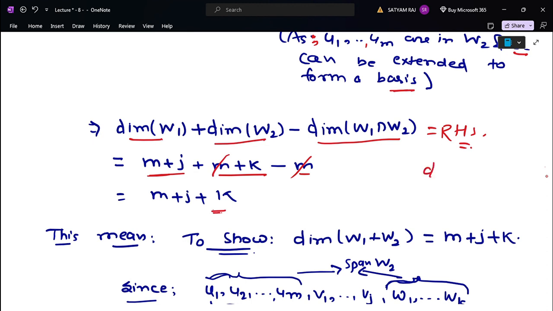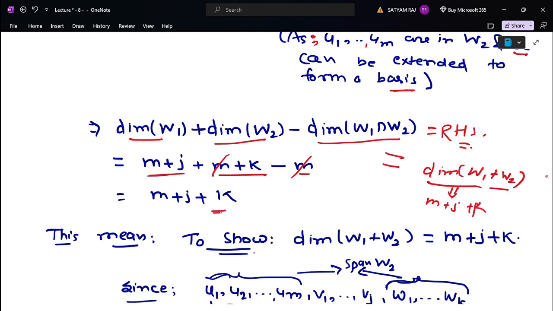And the LHS was dimension of W1 plus W2. So if we are able to prove that dimension of W1 plus W2 is m plus j plus k, then we are done, because if it is equal to m plus j plus k, then both will be equal.